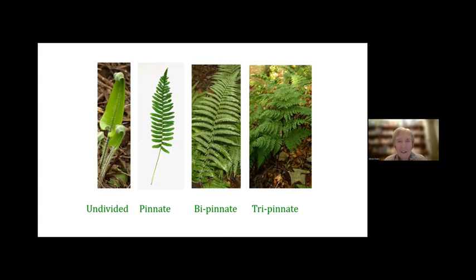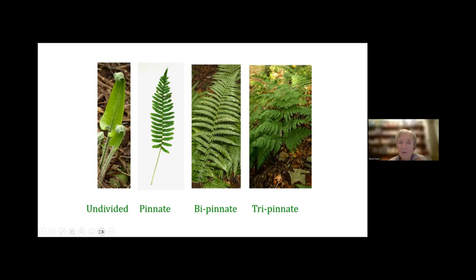Now then, we have one large undivided fern, which we'll come on to in a bit. If the frond is divided once so that it has pinnae, it's called pinnate. If each pinna is divided again, it's called bipinnate.